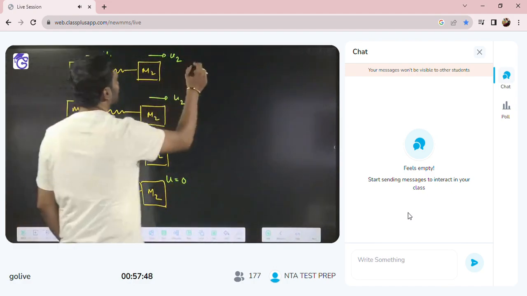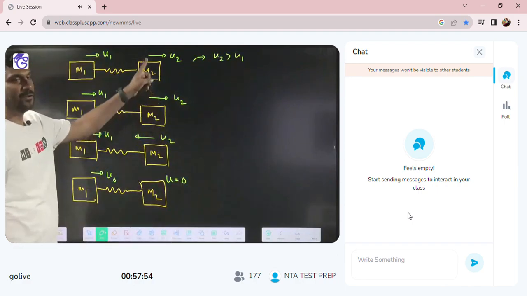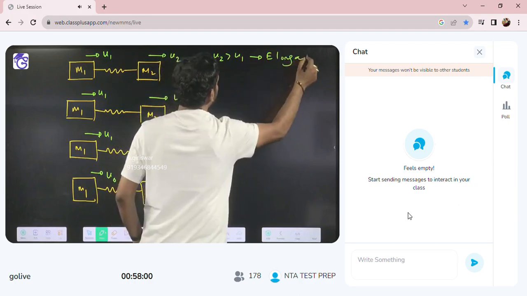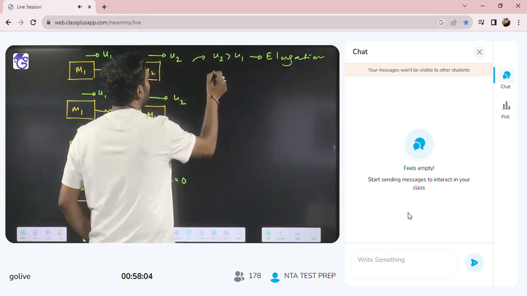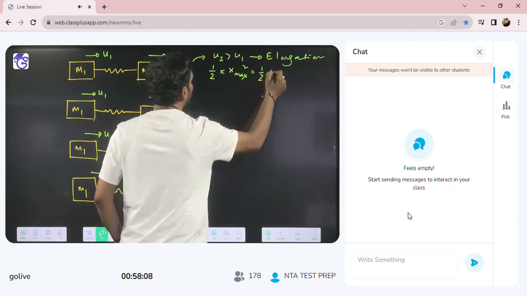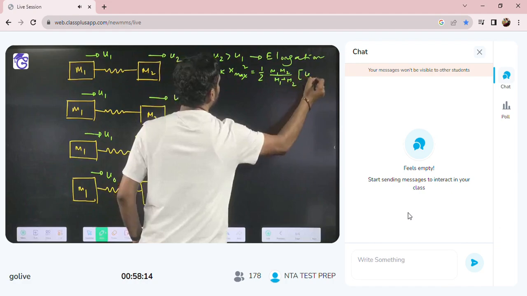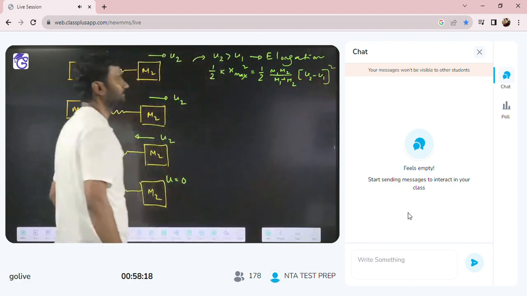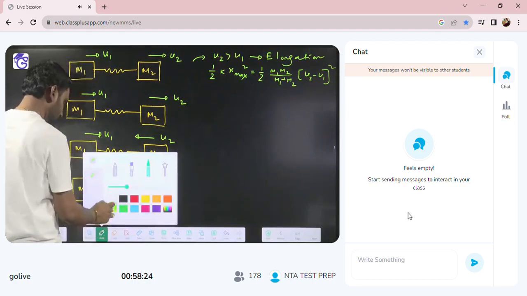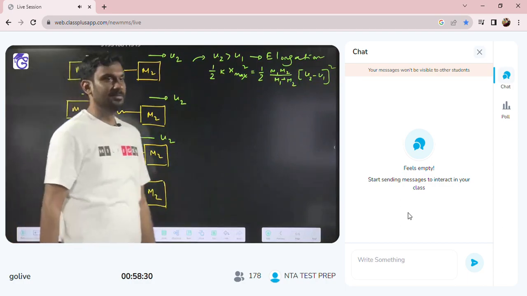Now in case 1, it is being said u2 is greater than u1. Boys and girls, if u2 is greater than u1, what will take place here? Elongation or compression? There will be elongation. What is the formula? Half k x max square is equal to half m1 m2 by m1 plus m2 into u2 minus u1 whole square.